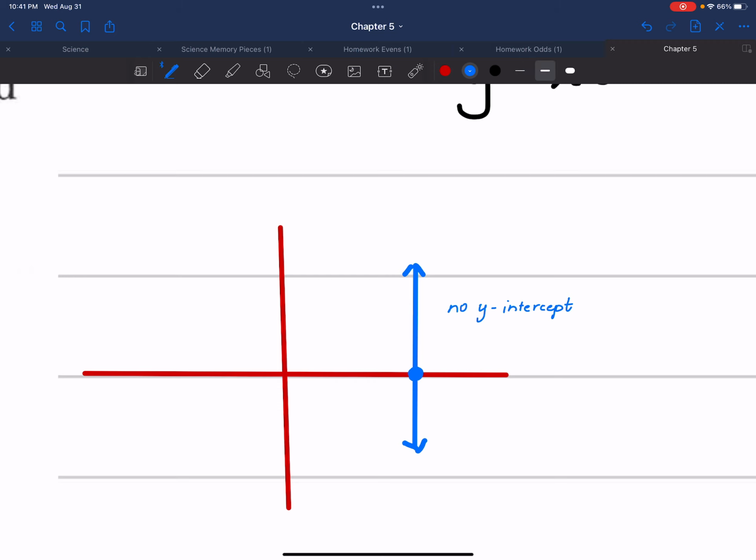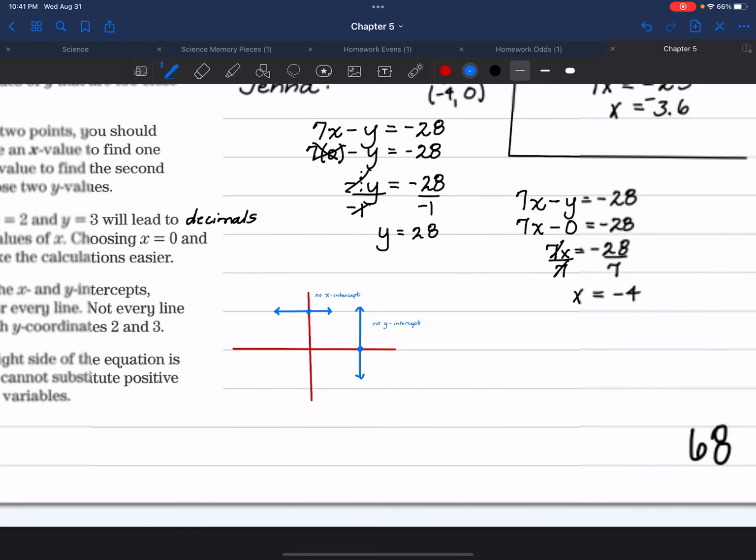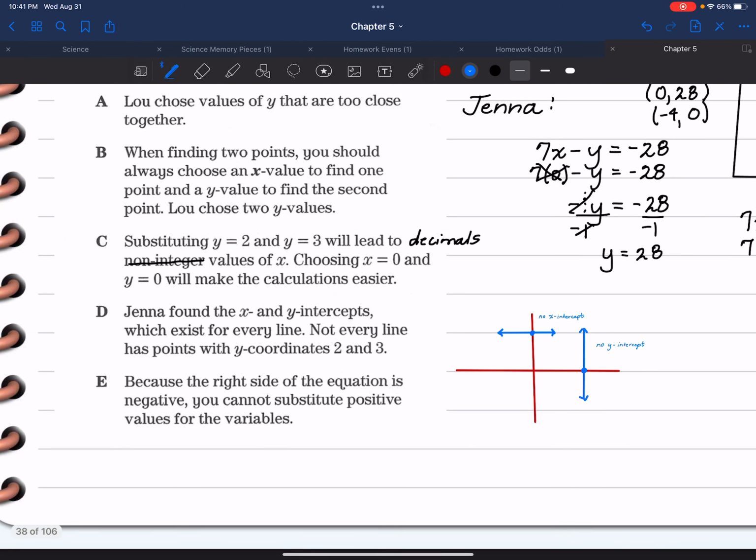Here's another example. That's a line, or it will be when I draw it straight. Where does it touch the x-axis? It doesn't. So there is no x-intercept for this one. So to say that every line has intercepts is just not true.